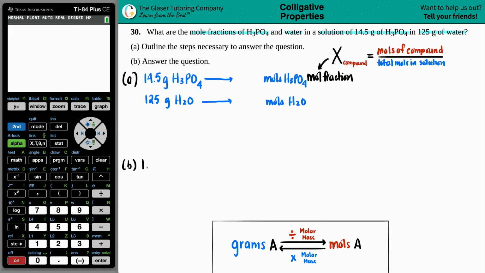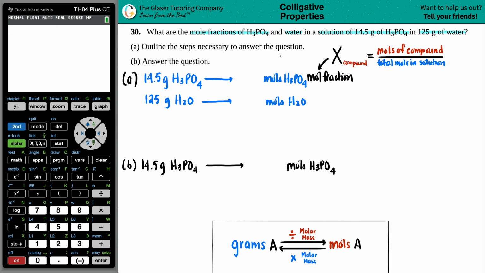Now, if we start off with 14.5 grams of H3PO4, and I want to convert to moles of H3PO4, how would I go from grams to moles? Well, that's going all the way back to basics, right? If you have a gram value of some substance and you want to go to the moles, all you have to do is divide by the molar mass.